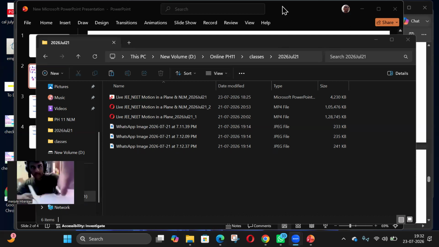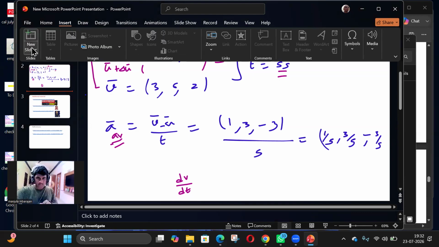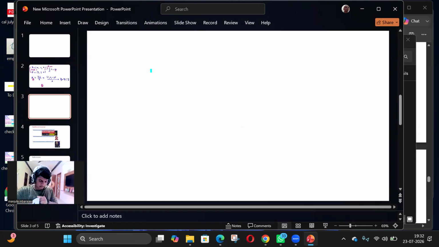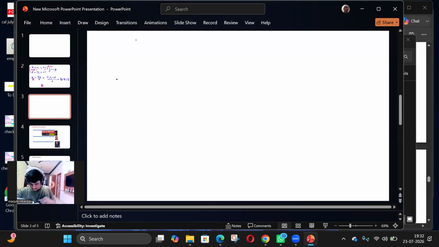So what they have given is R, with i cap, j cap, k cap as some function of time. Okay, so you have to find the displacement, right?